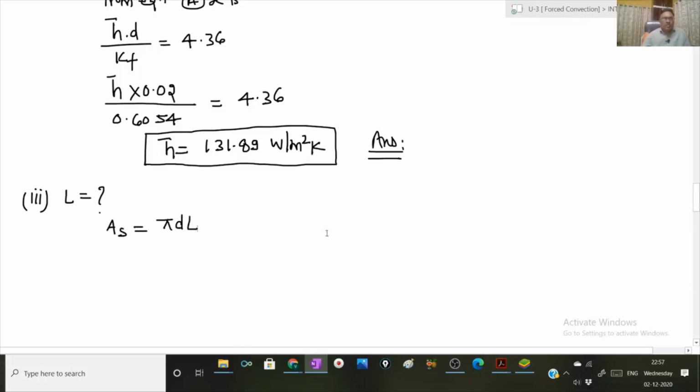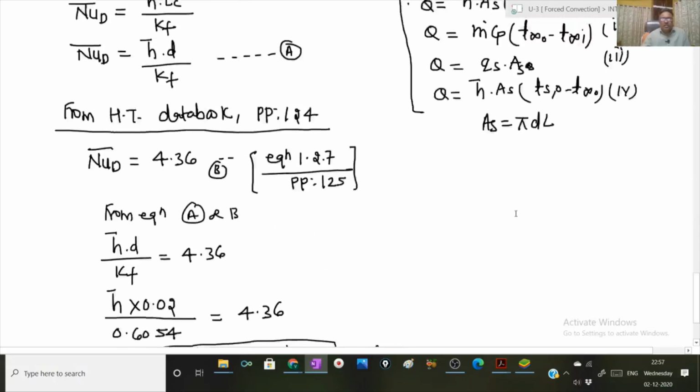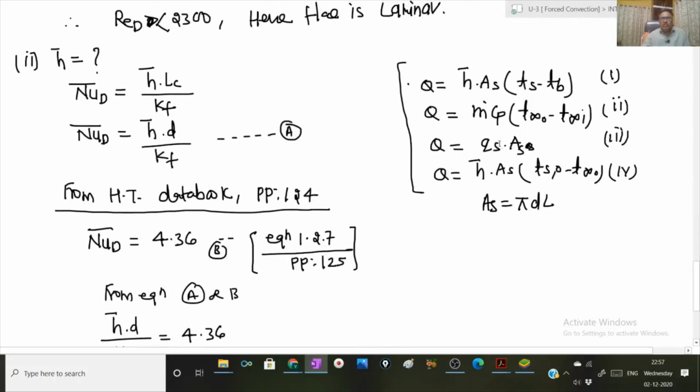Now to calculate the surface area, these four equations will be used. Let's try to find out the possibility of using equation number 1. I have not been given the value of Q, rather the heat flux value is given.